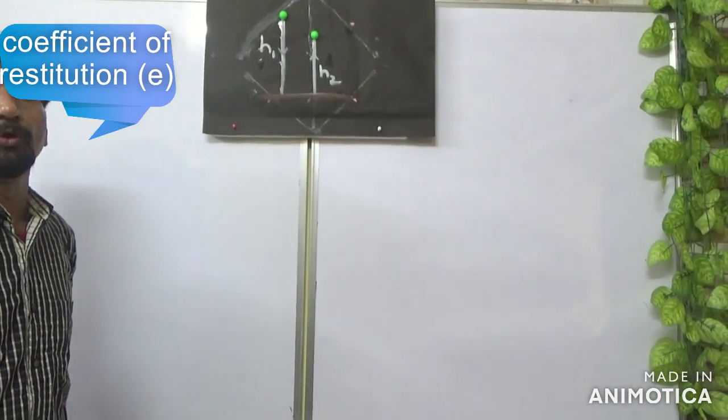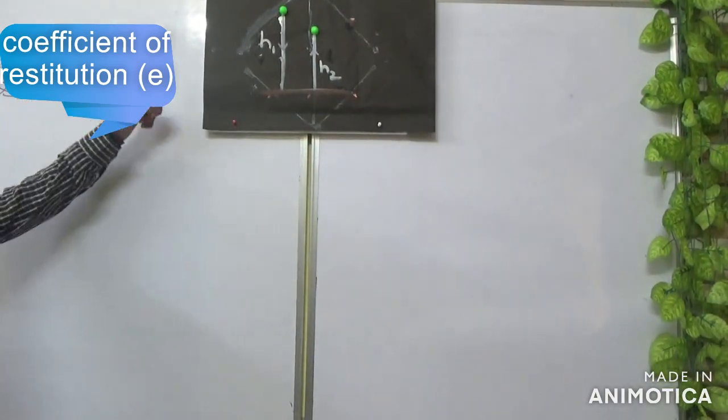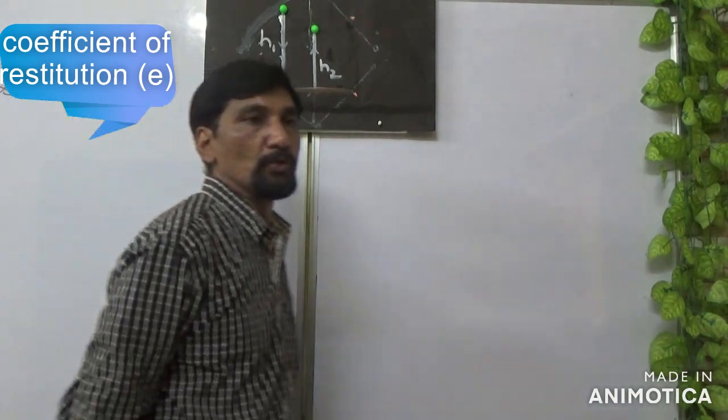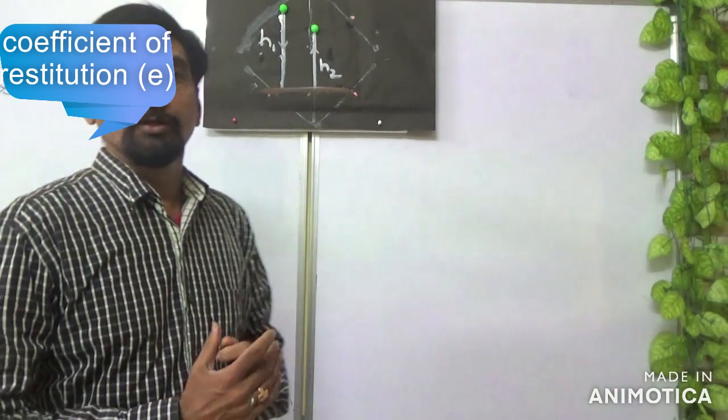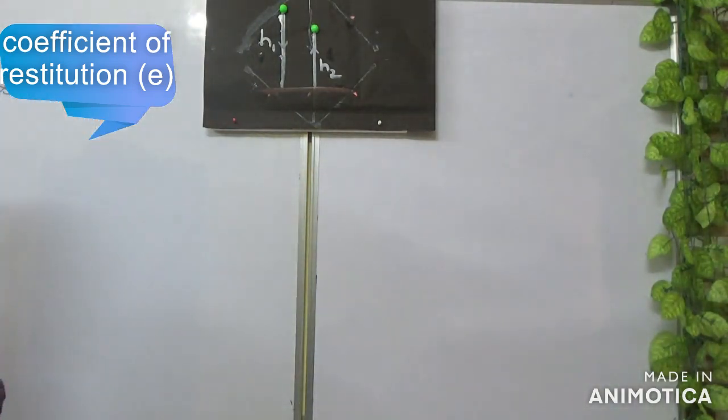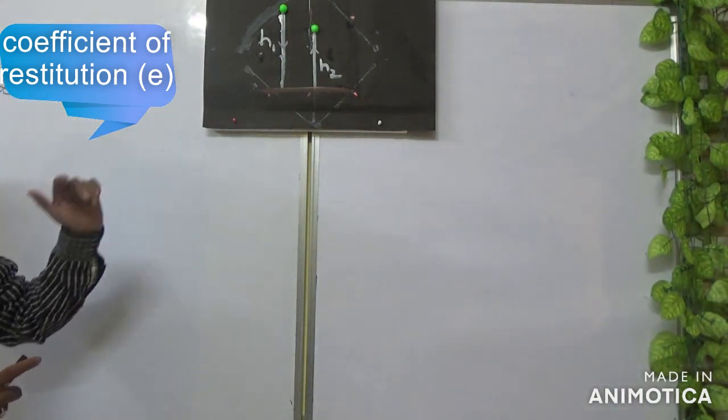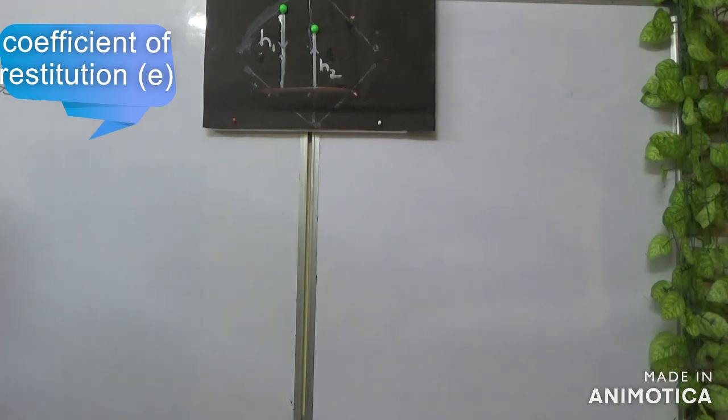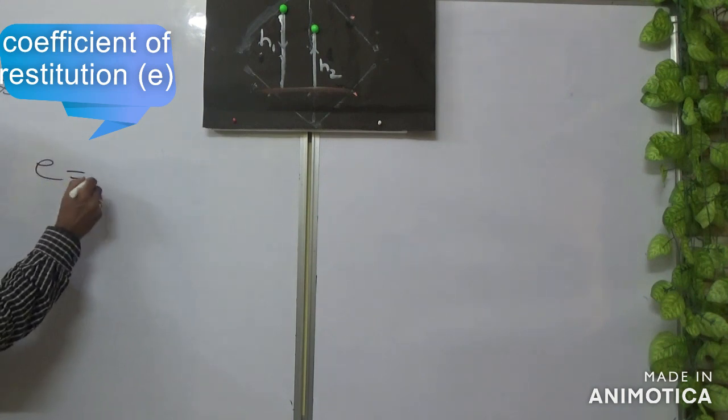Now we are going to learn about the coefficient of restitution introduced by Newton. The elastic nature of the collision of surfaces or bodies is described by Newton's coefficient of restitution. How do you define it?